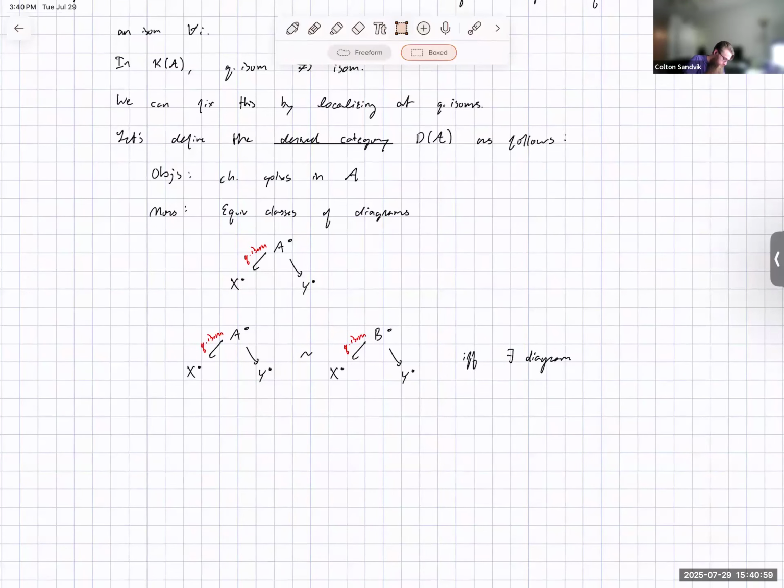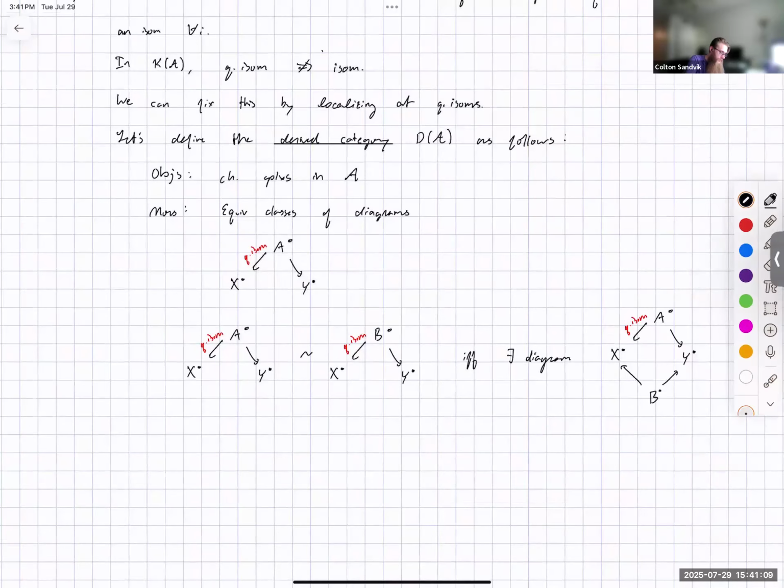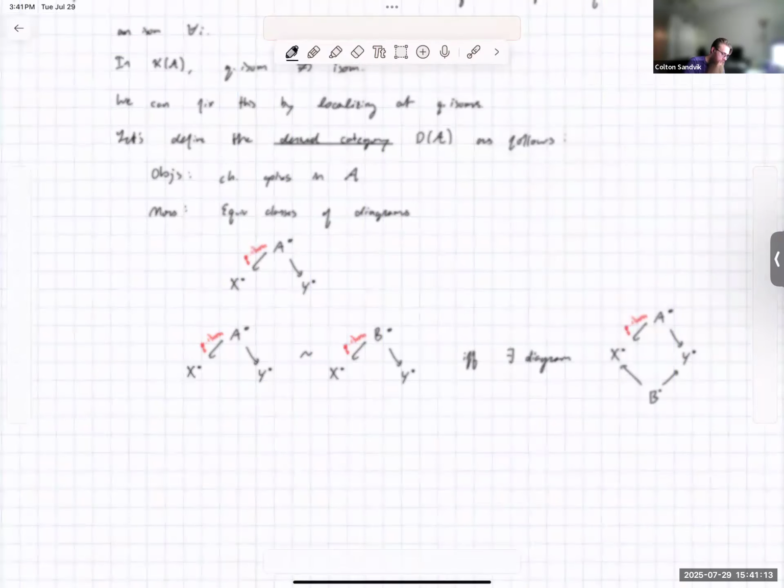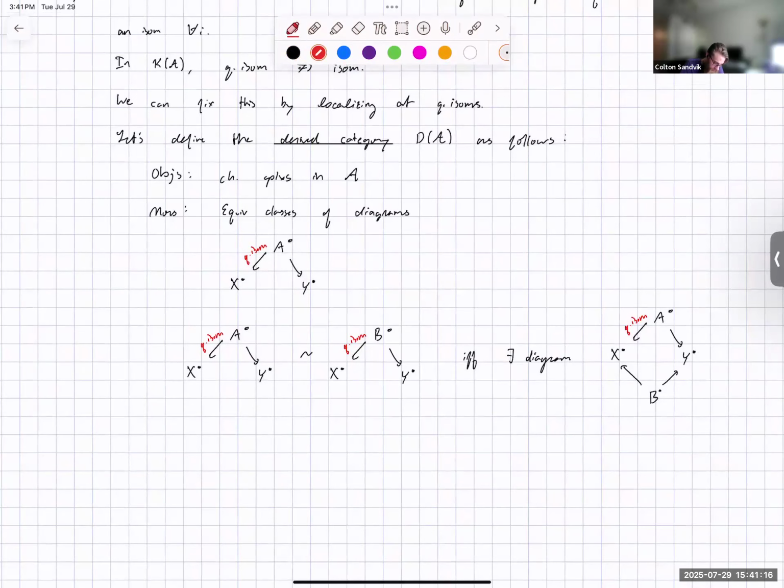We have to find a common denominator, right? That's what you would do for equivalence classes in localization of rings, and you're trying to do the same thing here.